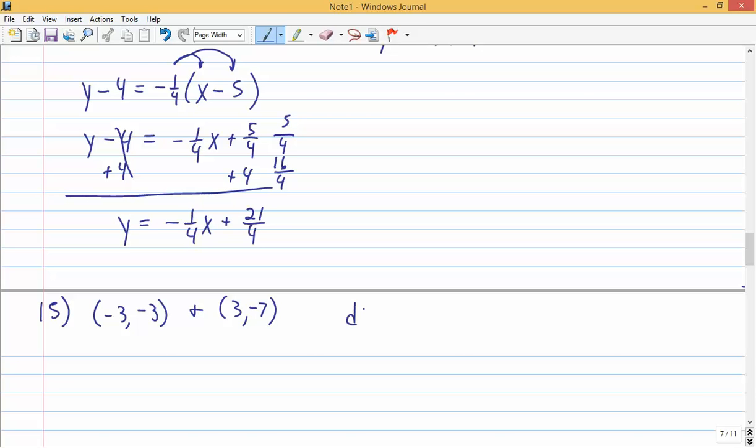The distance formula is the square root of x sub 2 minus x sub 1 squared plus y sub 2 minus y sub 1 squared. Label all of your points.